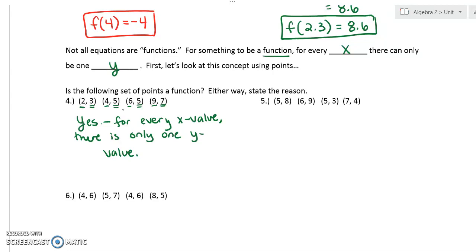All right, let's look at number 5. So when I say 5, I can say 8 and I can say 3. So because of this right here, I can say that no, these points are not a function.